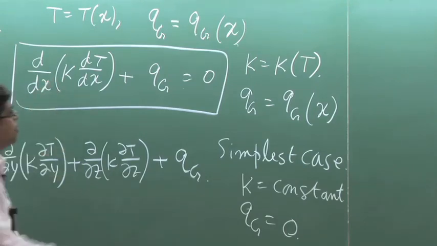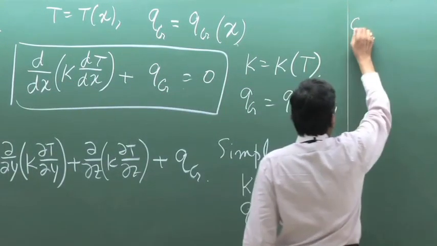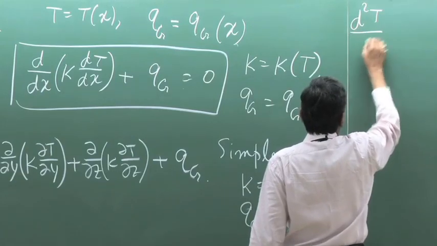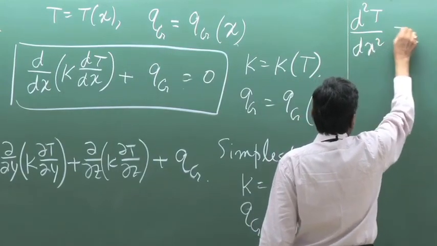This becomes d square T dx square equals 0.